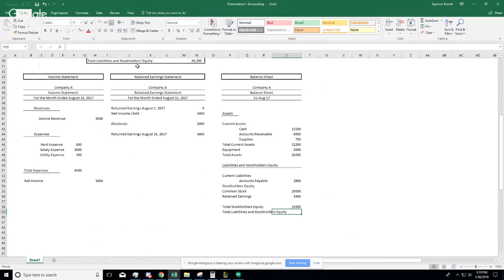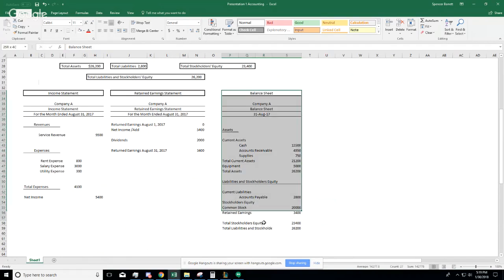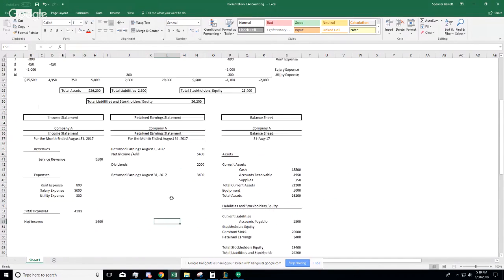And then one more equation to see if we were all correct, which would be that plus that, 26,200, and again 26,200. So we know that the balance sheet is correct. Obviously, the retained earnings statement has to be correct, and therefore our income statement has to be correct.